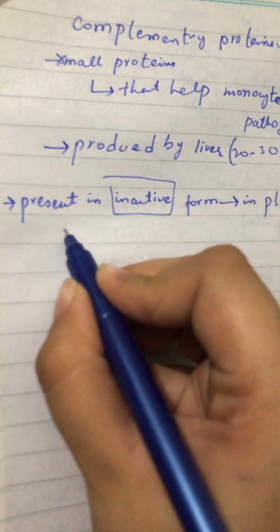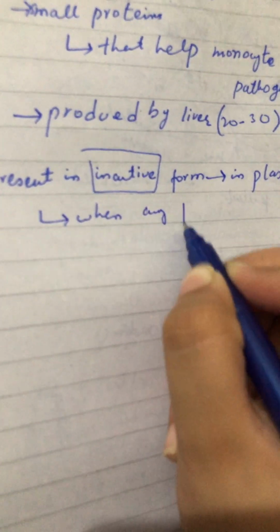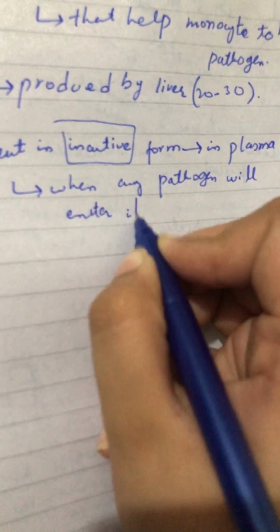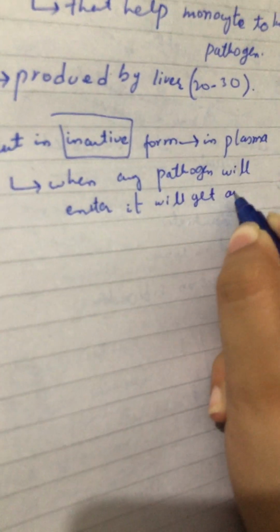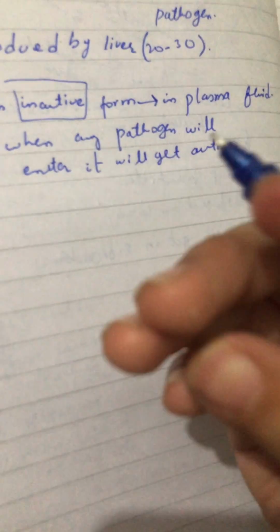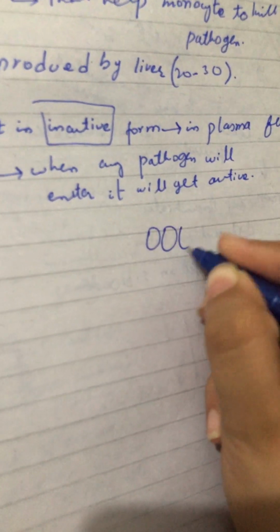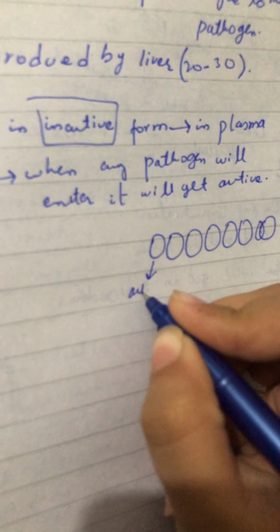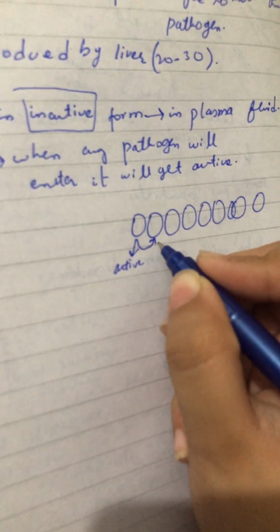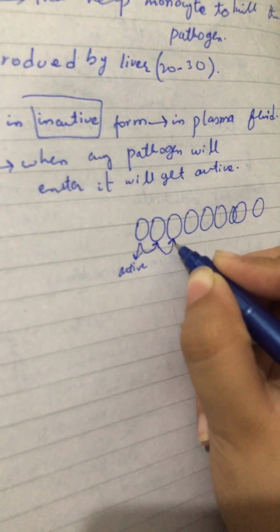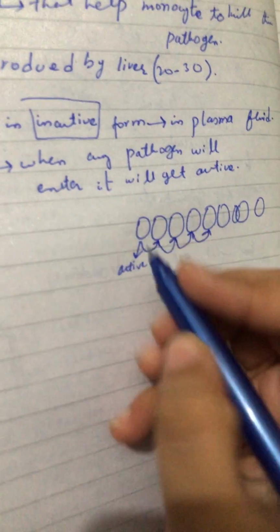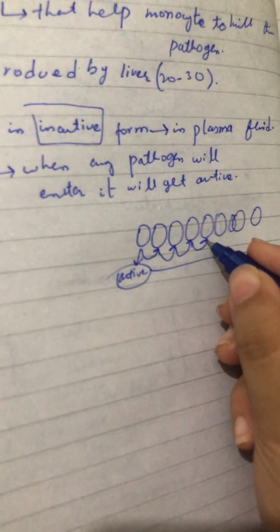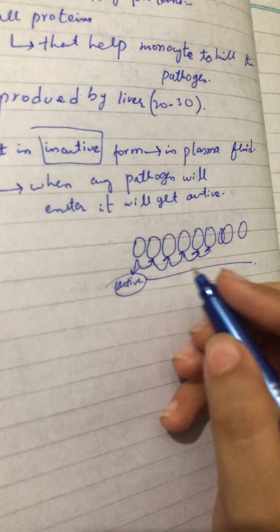Basically, complementary proteins are somehow like a chain. If one gets active, it activates the next, and that activates the next, and the whole chain gets active. That is the active chain.